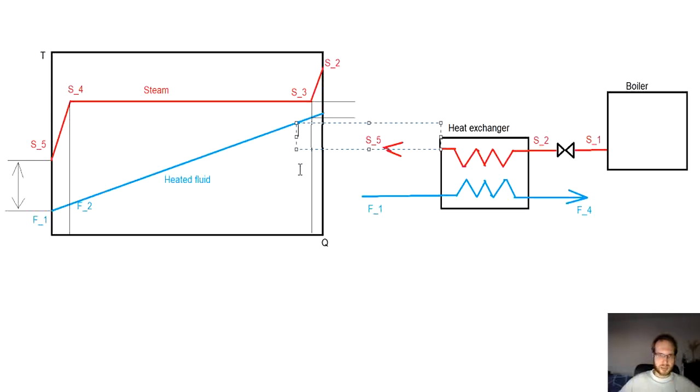Similarly, for the point of saturated liquid on the steam side, and here for the saturated steam on the steam side, there will be F3, and the outlet is F4.